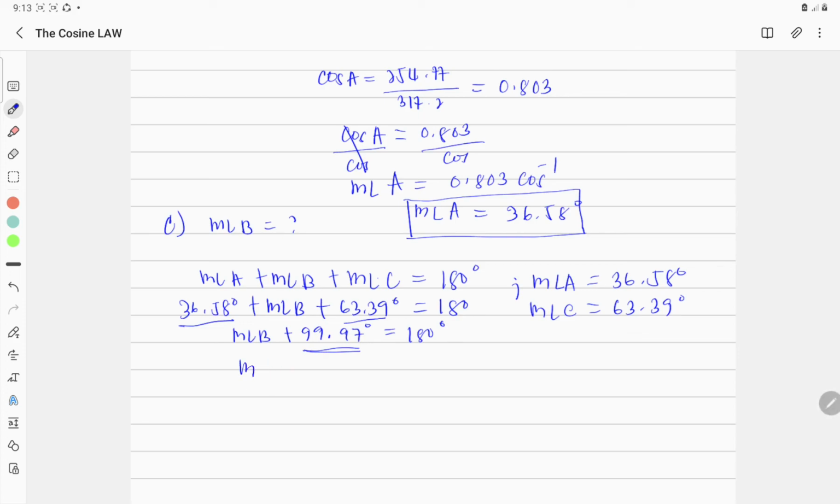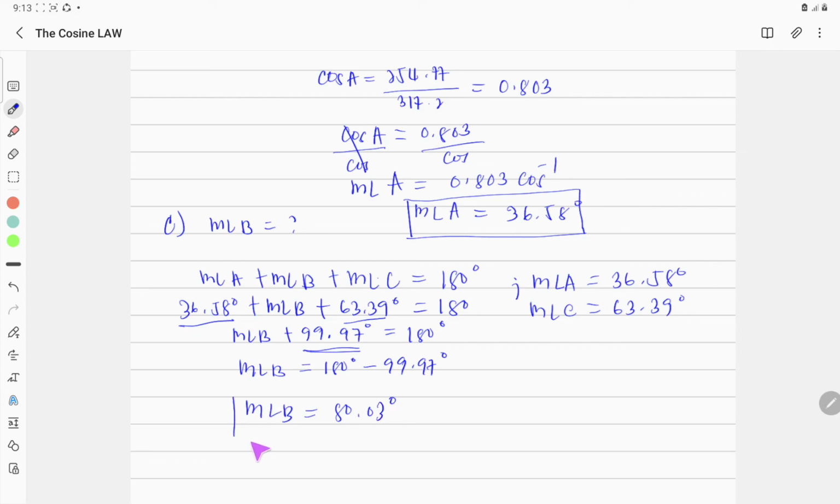So the measure of angle B equals 180 degrees minus 99.97 degrees, which gives us 80.03 degrees.